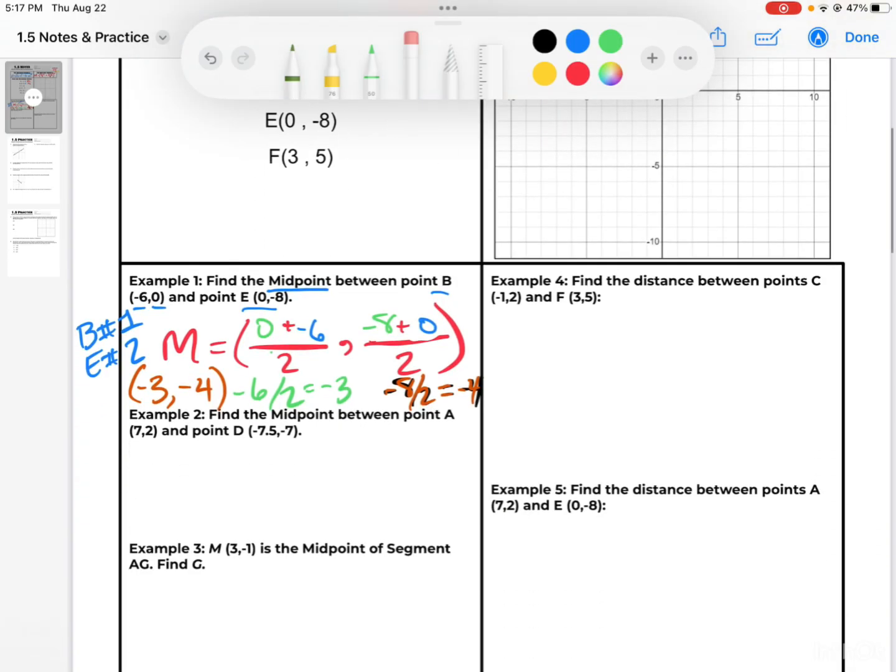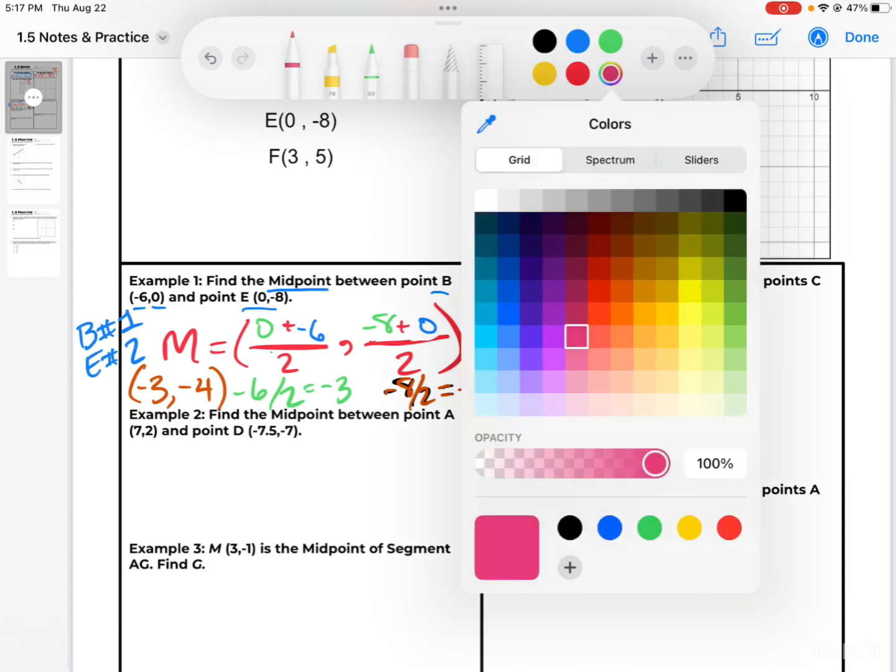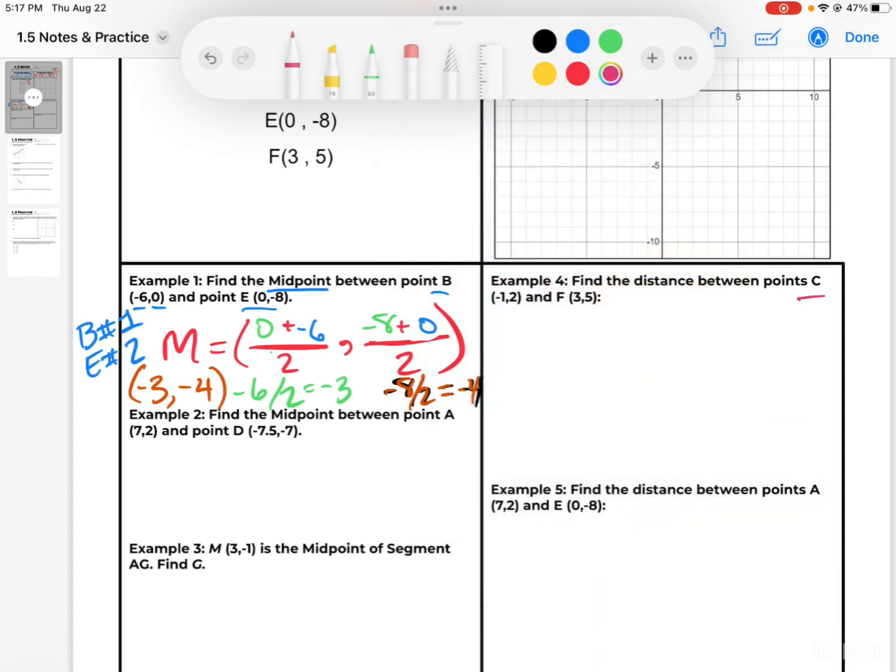So example number 4 says to find the distance between C and F. And so it lets me know what C is. C is -1, 2. That's my X and my Y. F is 3, 5. That's my X and my Y.